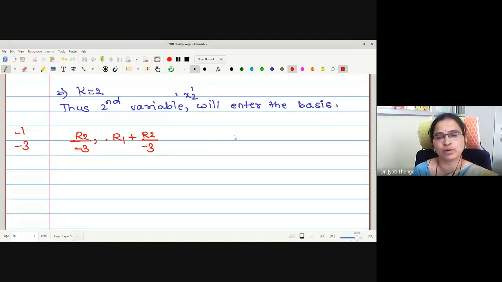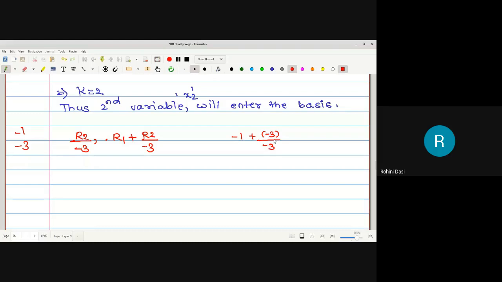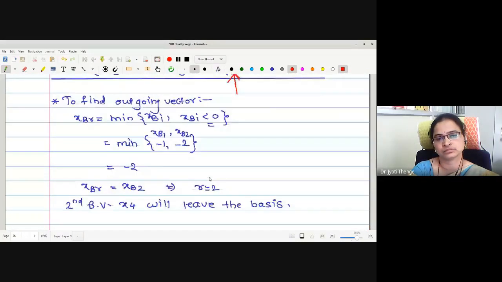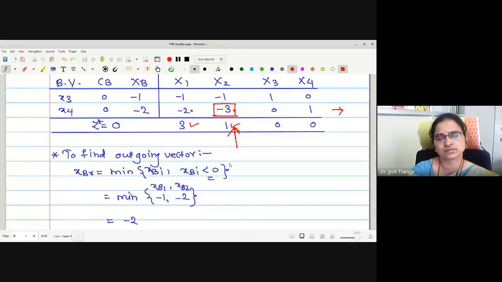If I do R2 upon minus 3, then R1 plus R2 by minus 3.